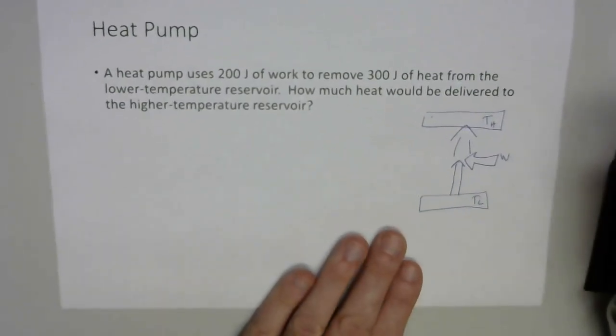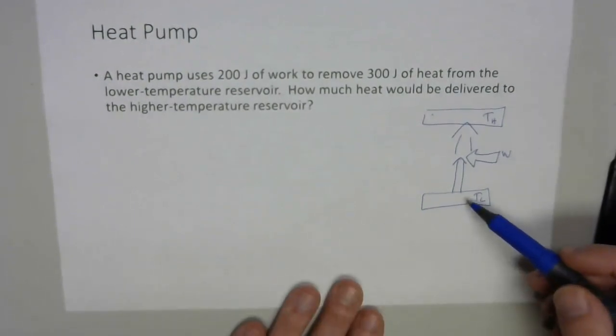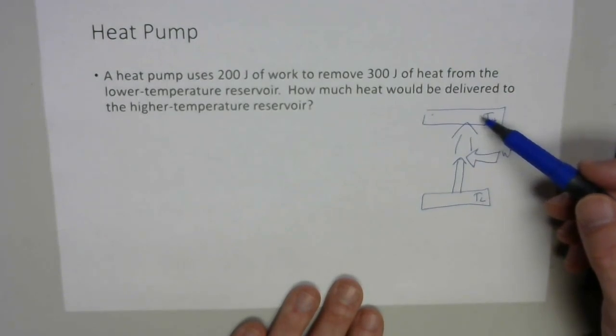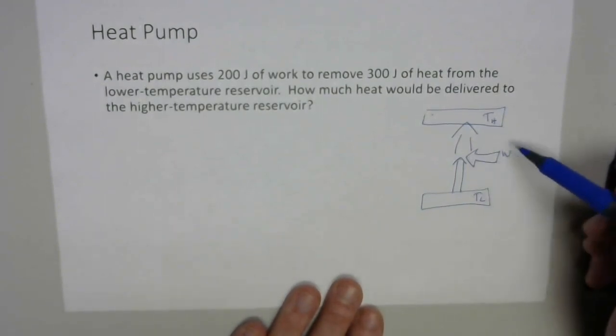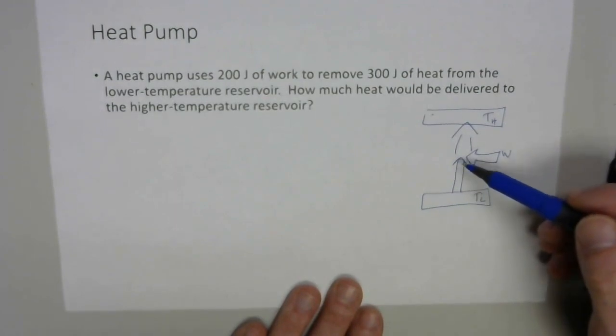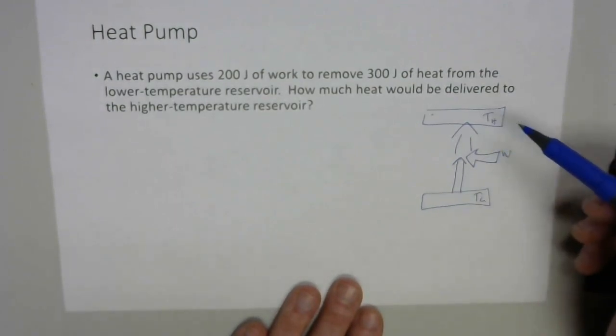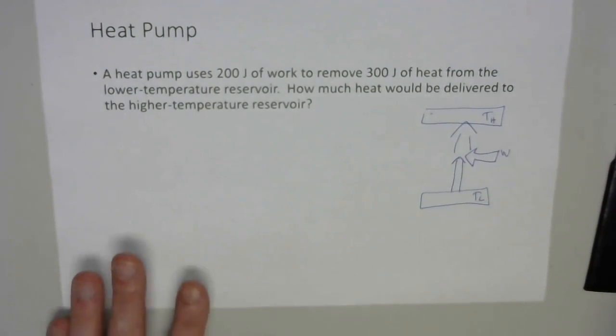That's how you heat your house, for example, in the winter. You're pumping heat from the lower temperature reservoir to make your house warmer, but you have to supply work through the heat pump. That's also how your refrigerator works. You have an electric motor doing work, and that allows us to pump heat out of the refrigerator and outside of the refrigerator into the room via the coils on the back.